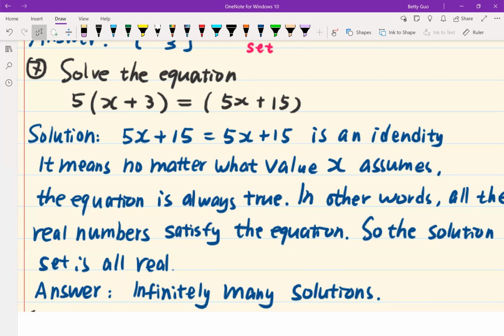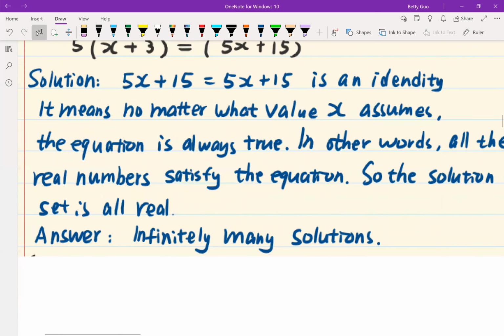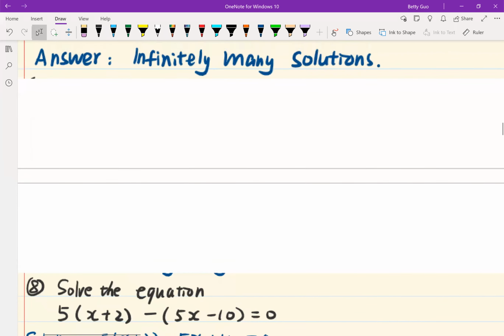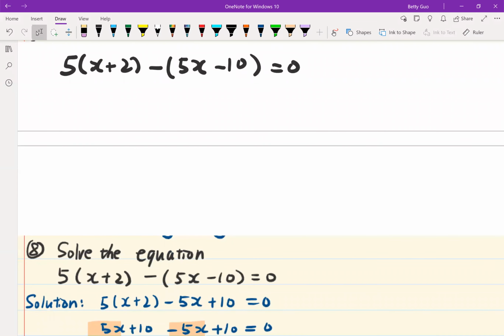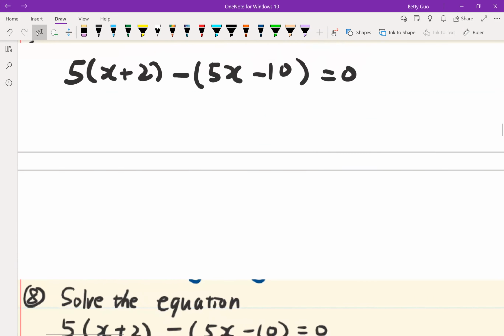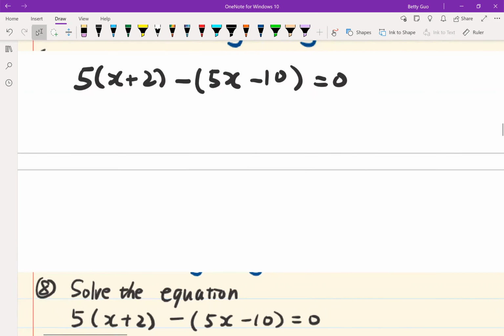Next up, number 8. I'm going to ask you to solve this equation. 5 times parentheses x plus 2 minus parentheses 5x minus 10 equals 0. Okay, I'll give you a couple minutes. Work on this problem.